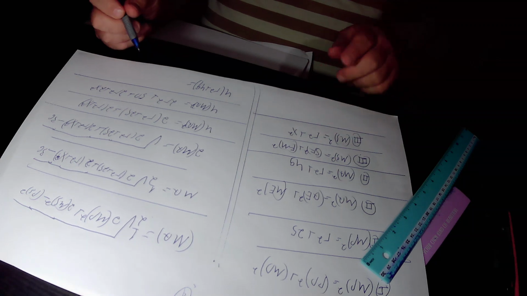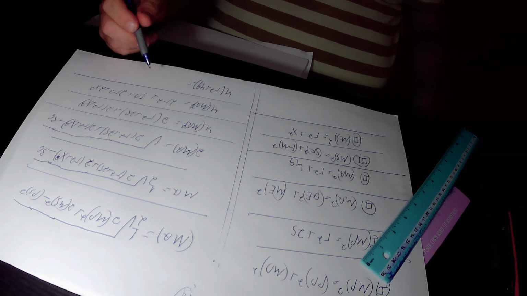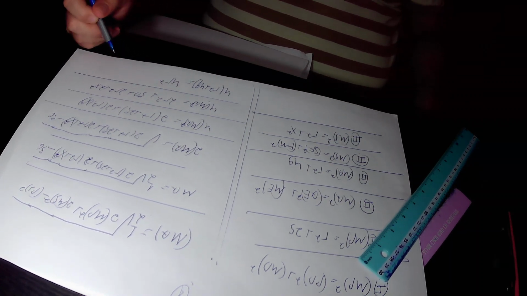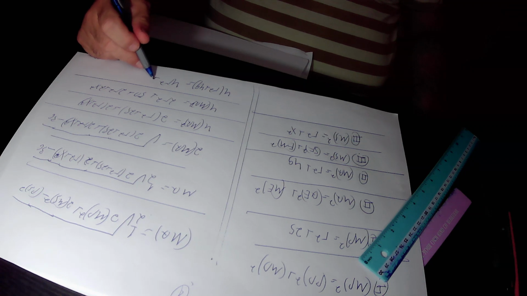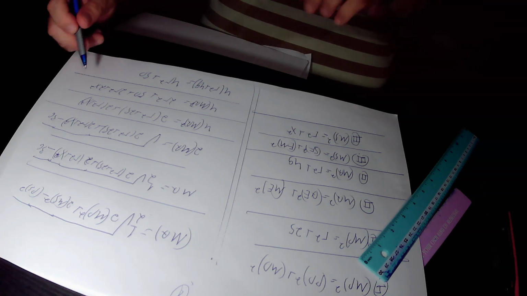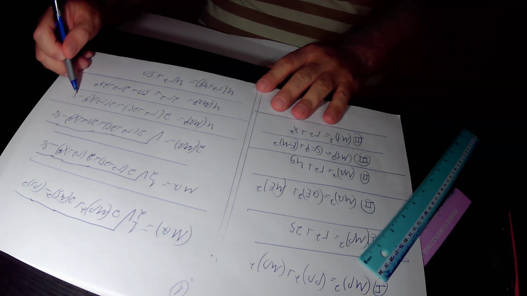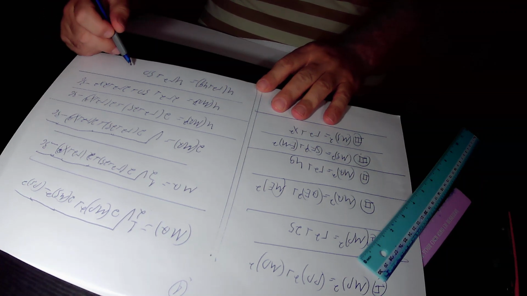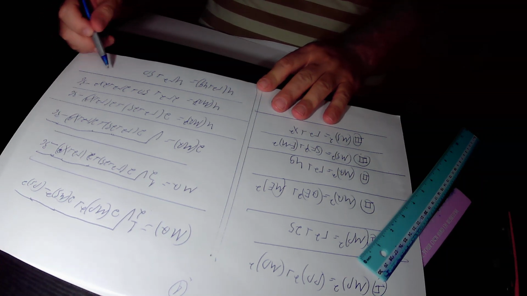And you get that 4 times r squared plus 49 is equal to 2r squared plus 2r squared is 4r squared, plus 50. Here we have also minus 36. I forgot minus 36.